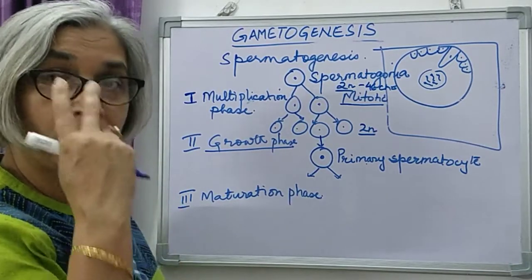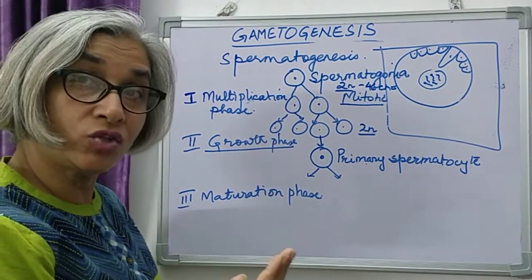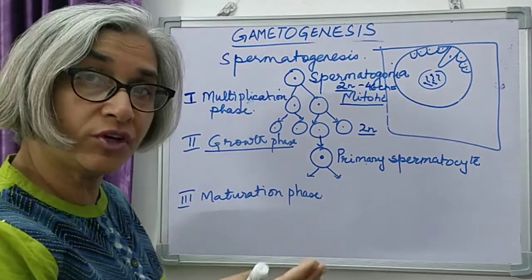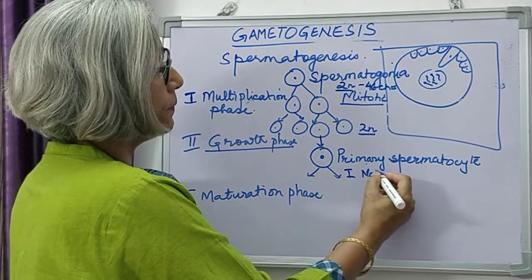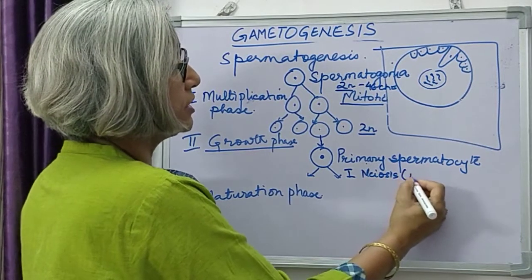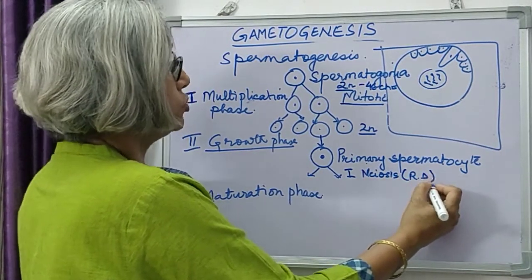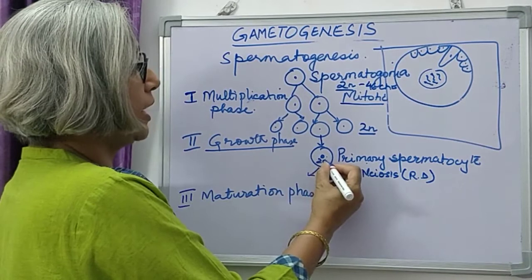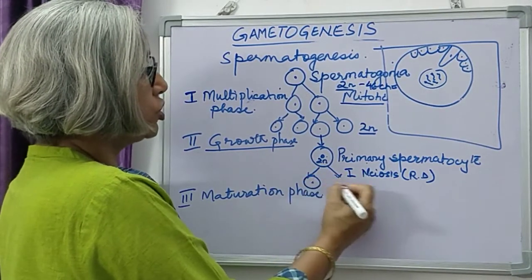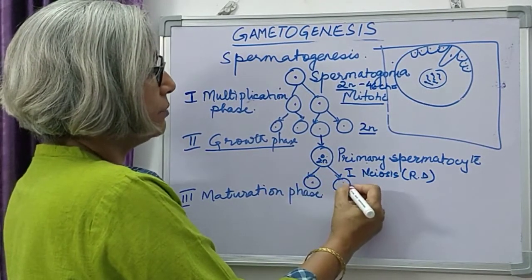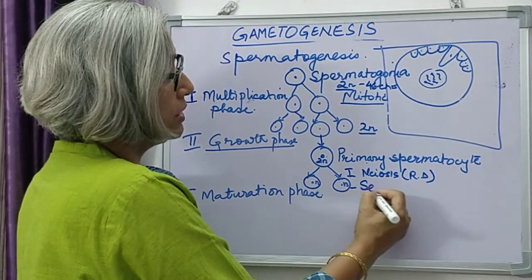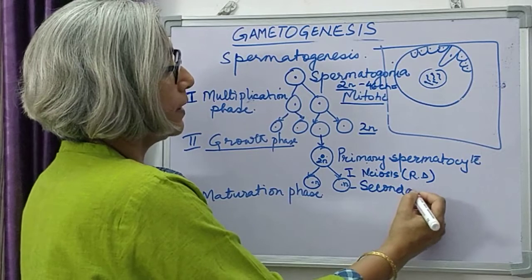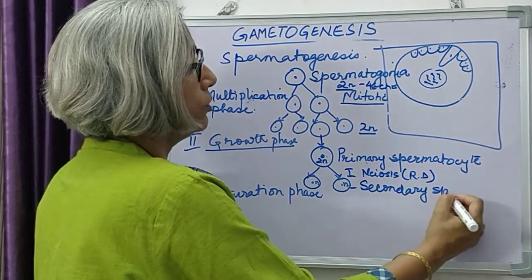First phase is called meiosis 1, where actually the chromosome number is reduced to half. So in the first meiosis, which is actually a reduction division, the chromosome number, which was 2n, has now changed to n. That is, it becomes half. Then it is called secondary spermatocyte.